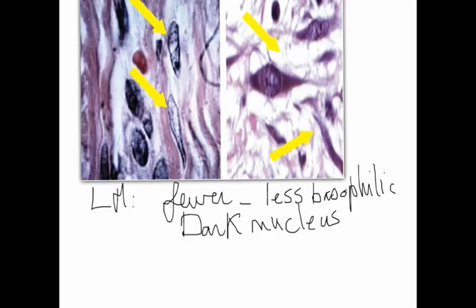So the main component to differentiate in tissues or in slides is the shape of the nucleus, because in this slide we cannot see the branching, so we cannot differentiate by the number of the branching. The most sure method is to compare by the shape of the nucleus. Here it is pale with prominent nucleolus, there it is dark and the nucleolus cannot be seen. This is as regards the light microscope.